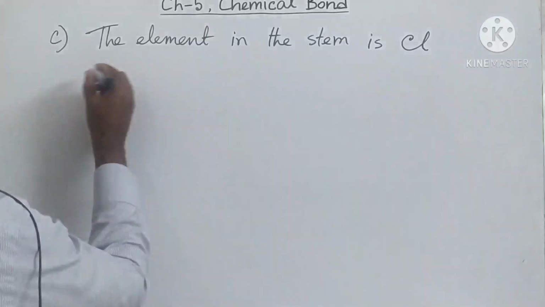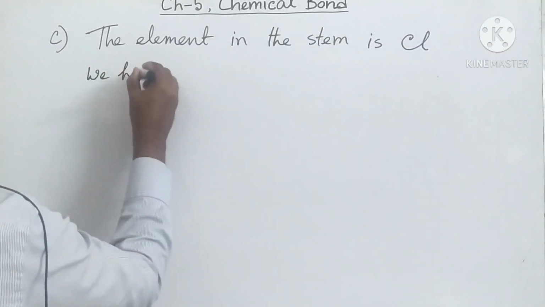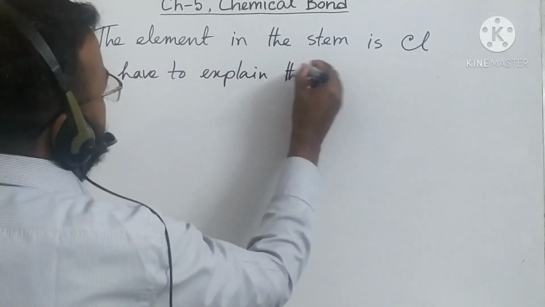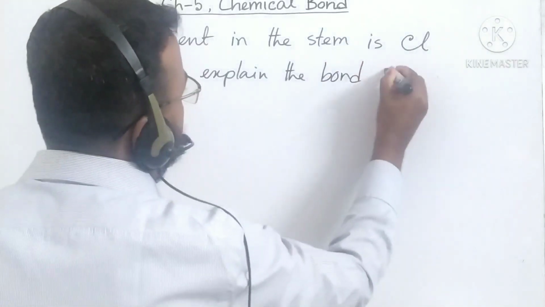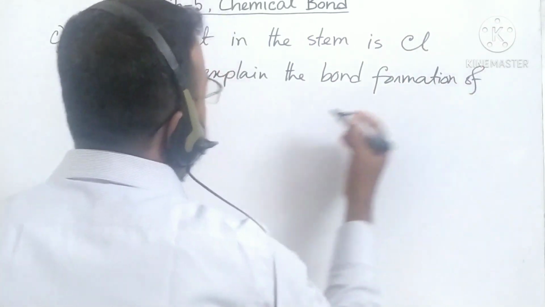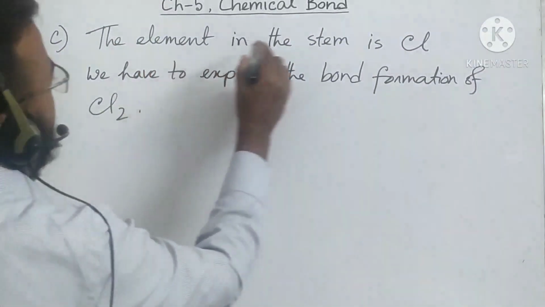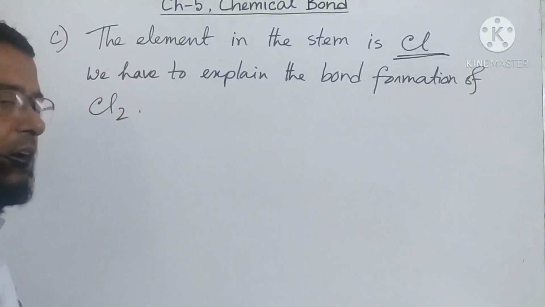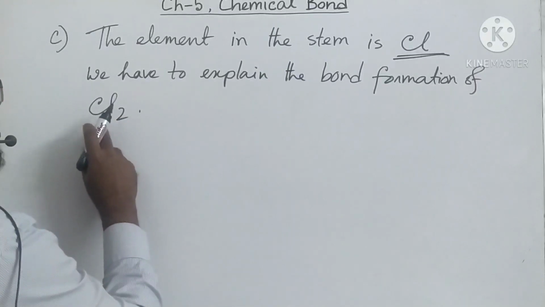Now we have to explain the bond formation of Cl2, that means chlorine. The element in the stem was indicated by the number 17, so we know that atomic number 17 is chlorine. Now we have to explain the bond formation of chlorine.